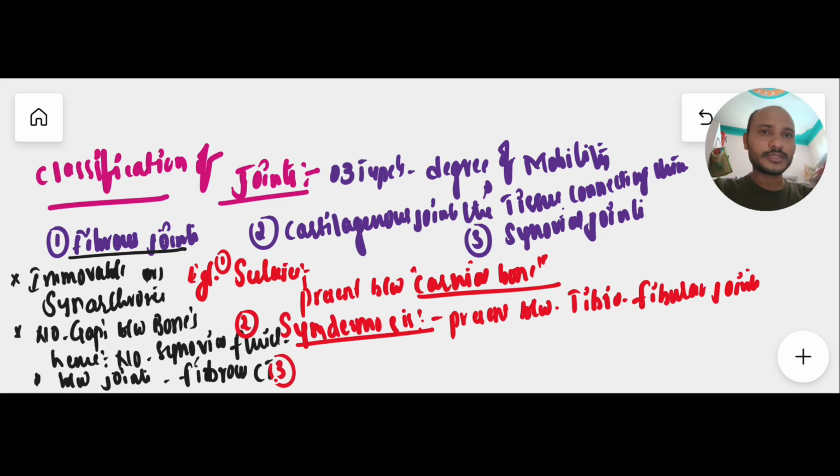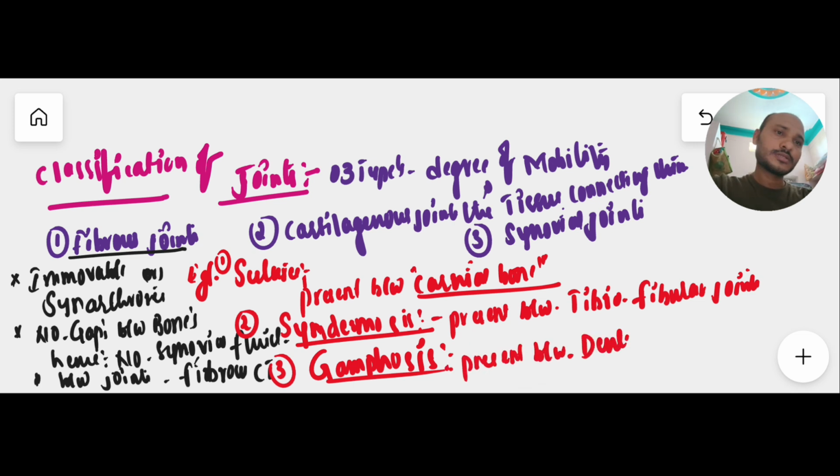One more example of fibrous joints is gomphosis. Gomphosis is present in dentoalveolar joints. For example, in a tooth there is a socket-like structure like this, and this is called the alveolus. Don't confuse it: alveoli are the structural and functional unit of the lungs, but here the socket-like structure in the tooth is called the alveolus. In this socket the tooth is inserted like this.